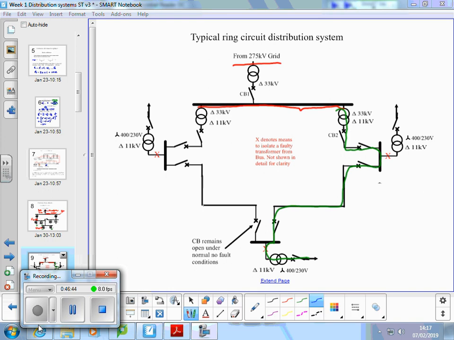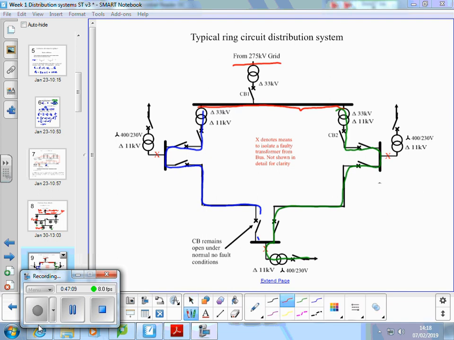And this transformer through here, and there might be many more, I kept it reasonably simple, feeds to there, but that is open. Because of that open point, we've got an alternative method of getting supply.